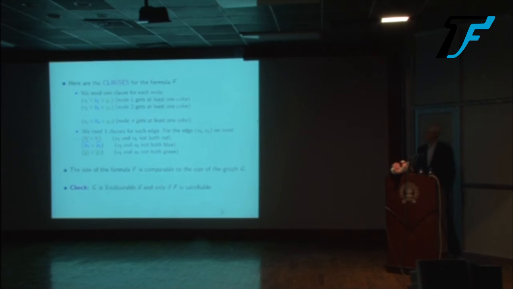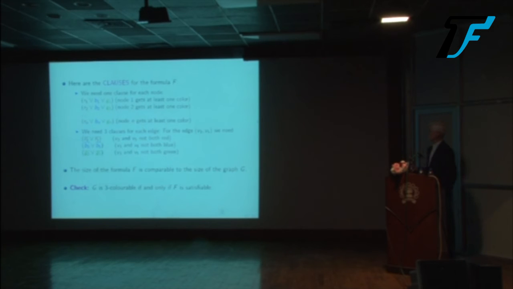Now, it could assign more than one color, but we don't care, because if a truth assignment assigns more than one color to a node, you can get a legal coloring by just keeping one of the colors for every node. So that's not an issue, but what is an issue is that we have to make sure that the edges get different colors, every edge.